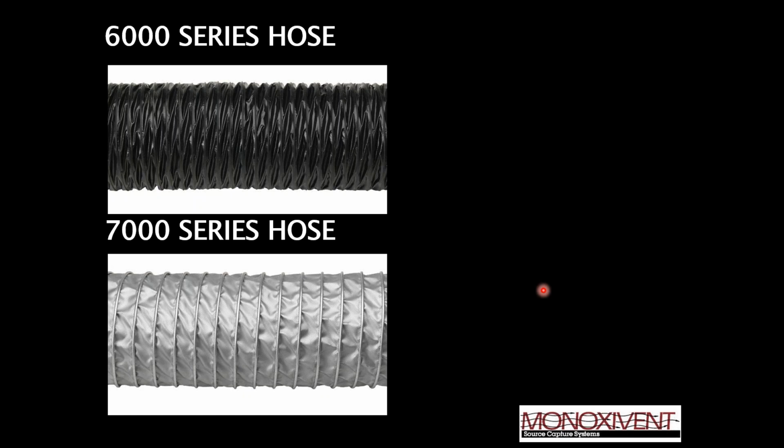A couple of points I want to make here. The higher temperature rating you need, the more costly the hose becomes. If you truly need 2000 degree hose, it is very, very expensive, but there are ways that we can help you deal with that situation. As an example, I don't know if you're familiar with the regen system for diesel engines. It takes the exhaust and tries to capture more particulate before it exits the tailpipe or the vertical stack.